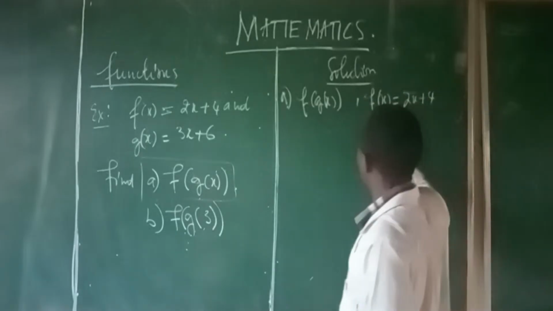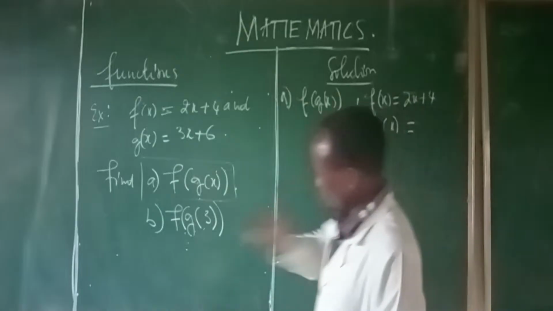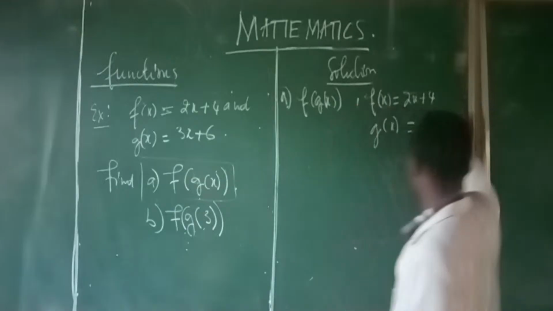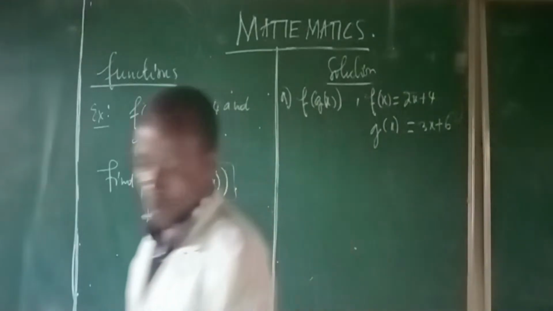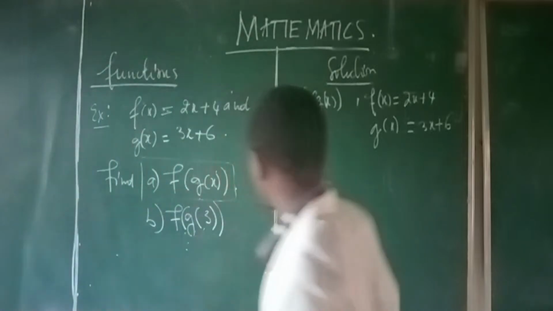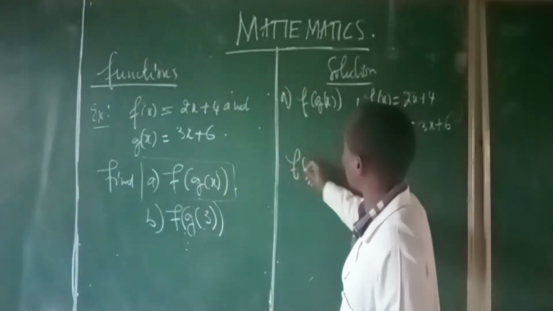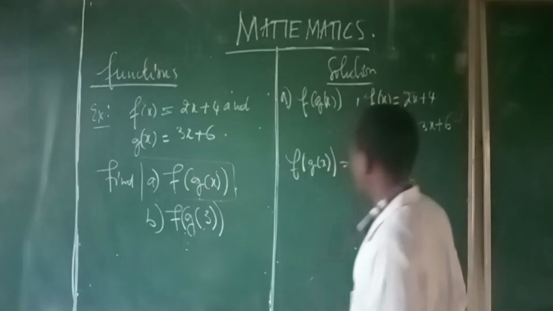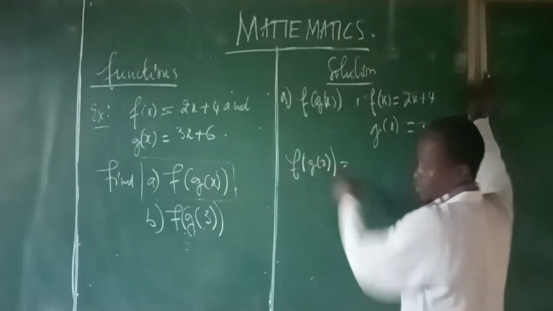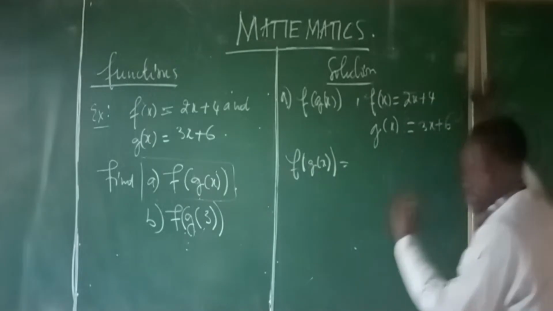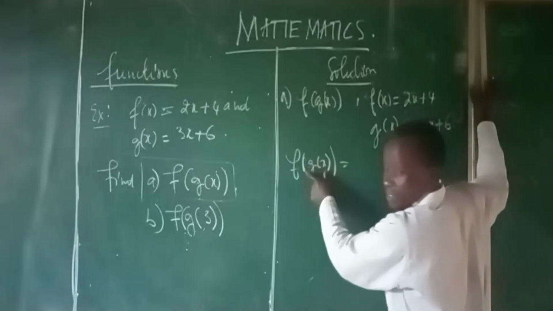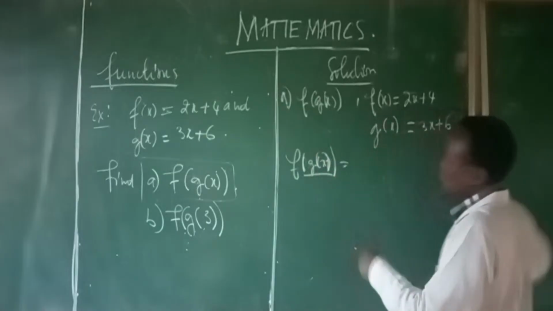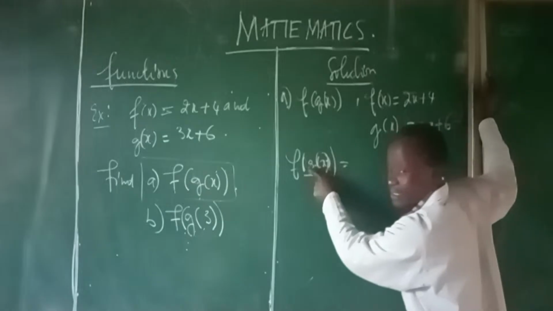f of x is equal to 2x plus 4, and g of x is 3x plus 6. Then we are going to find the combination of those two functions, f of g of x. Before substituting, you have to see the function and substitute where it has x.